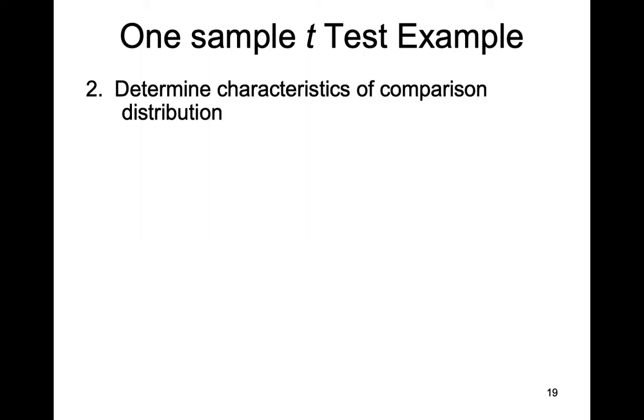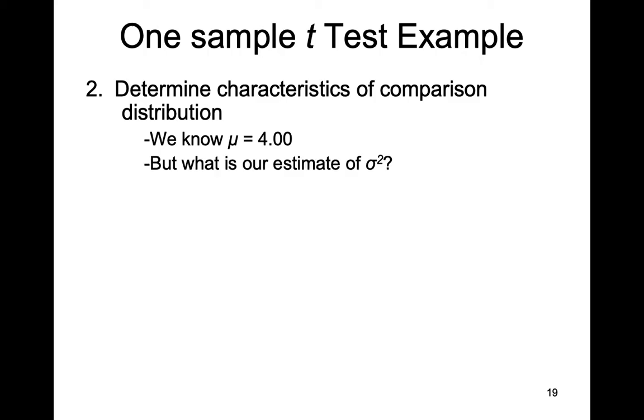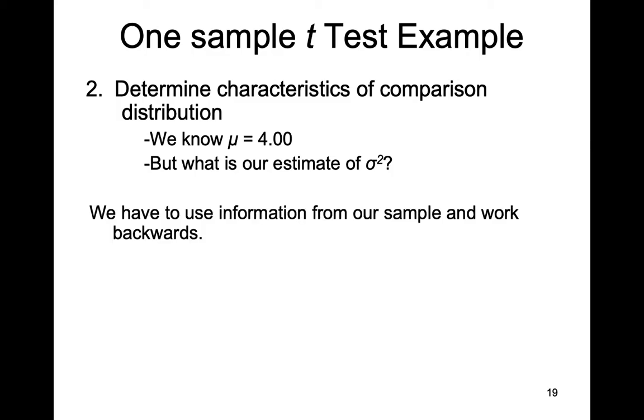Our second step is to determine the characteristics of the comparison distribution. Again, we know that the population mean, mu, for the comparison population is 4. Our estimate of sigma squared will be based on information that we get from our sample.